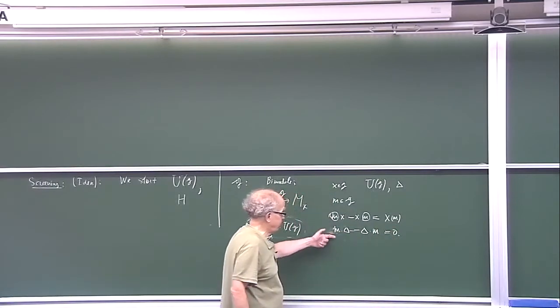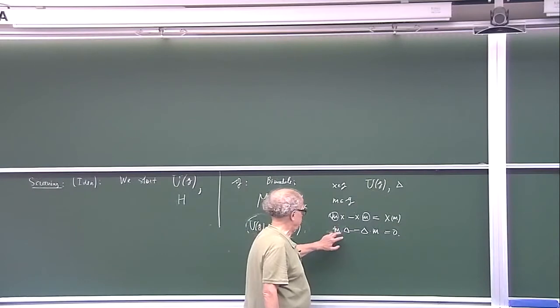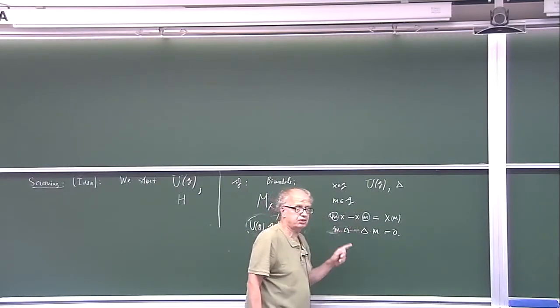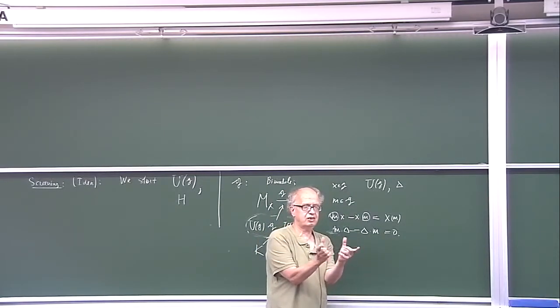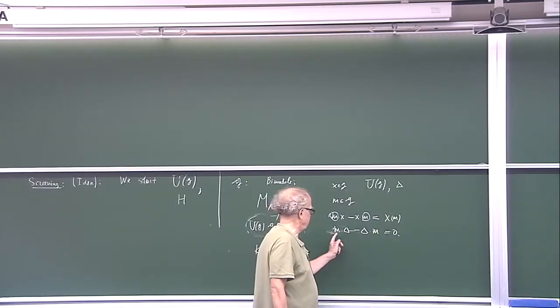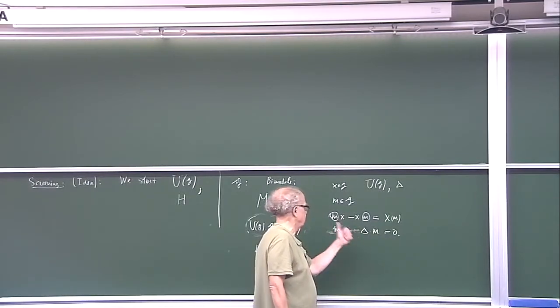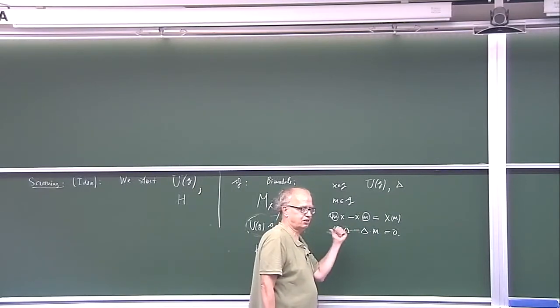Now it is some extra relation, and it is very clear why, because I can write delta as a quadratic expression and use the first relation. After that, it gives me an evident quadratic relation that I act on M by some E from the left and some other generator from the right, and it is 0.